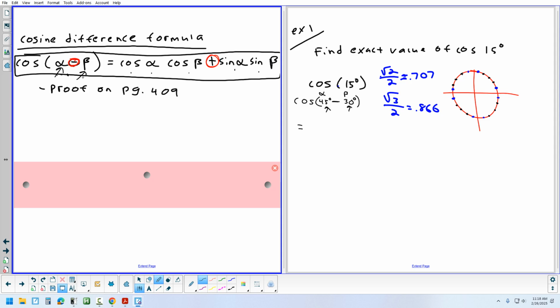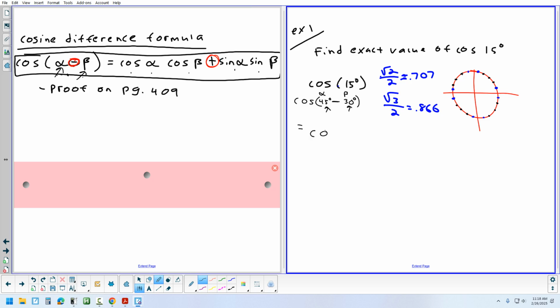Once we do that, we'll have something we can simplify. So it's cosine of the first angle times cosine of the second angle plus sine of the first angle times sine of the second angle.